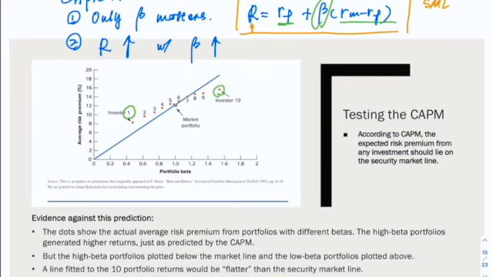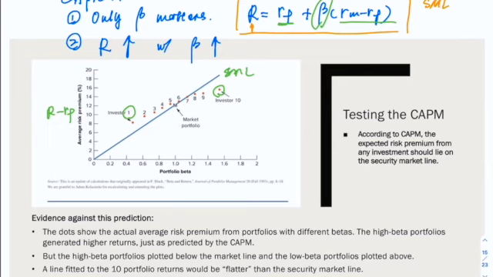According to CAPM, we have calculated the average risk premium from these portfolios, okay? On the y-axis, it's all the R minus RF, and on the x-axis, it's the beta. If CAPM is correct, those orange lines should have lined up on the security market line here. But the orange line is not lying on the security market line.